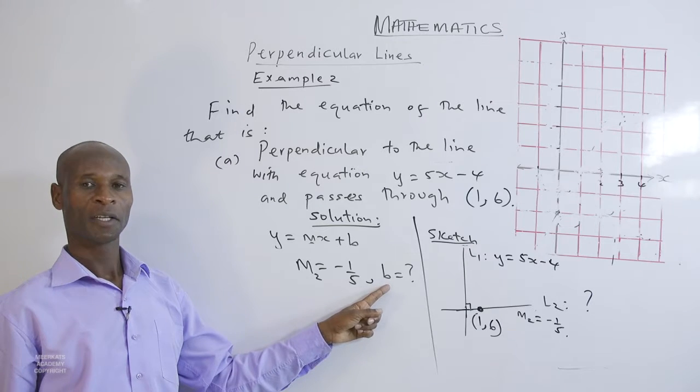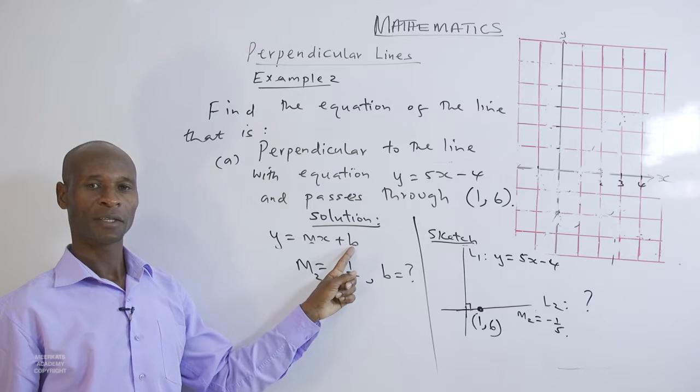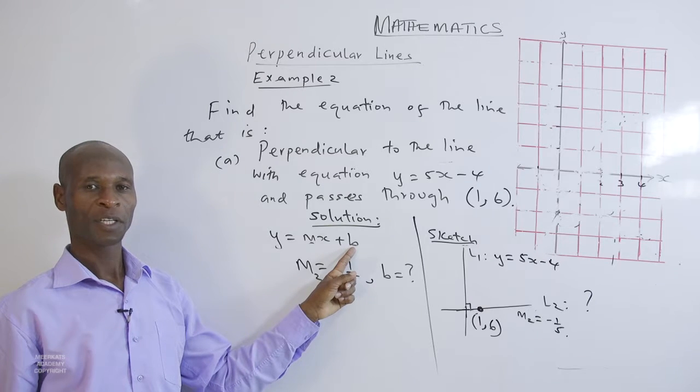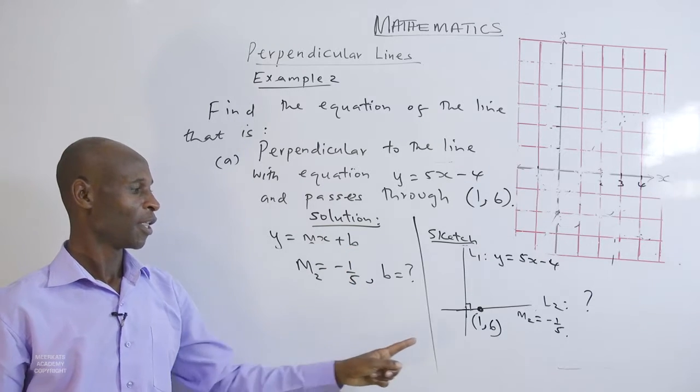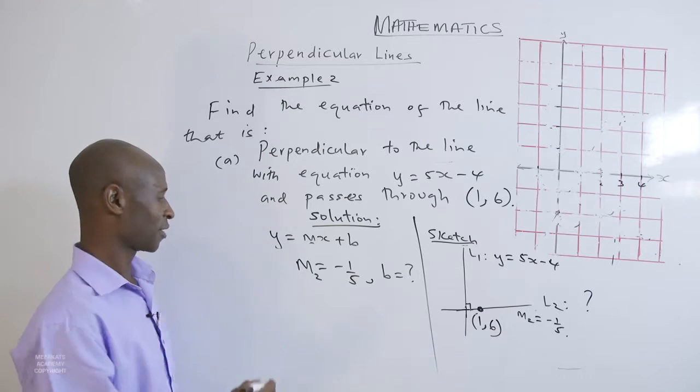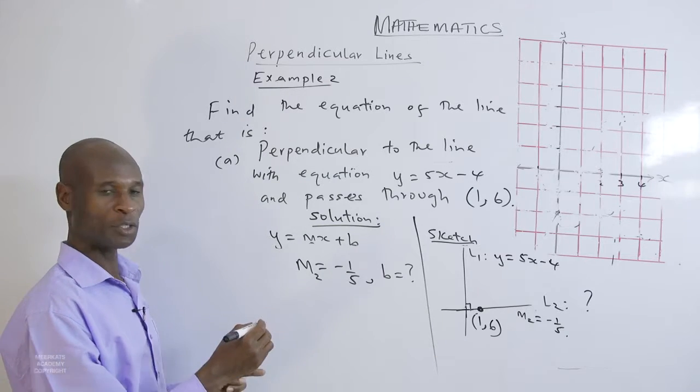So to get the b part, the b, which is the y-intercept, we substitute the point (1, 6) in our relation.